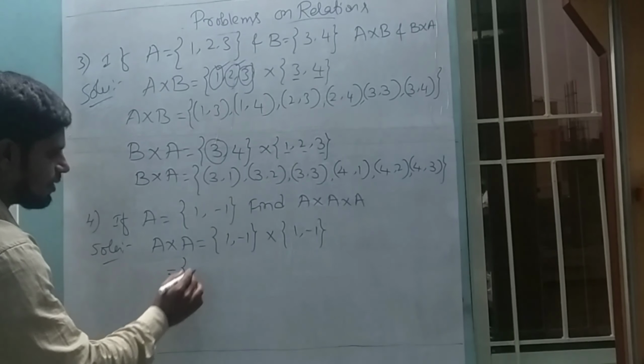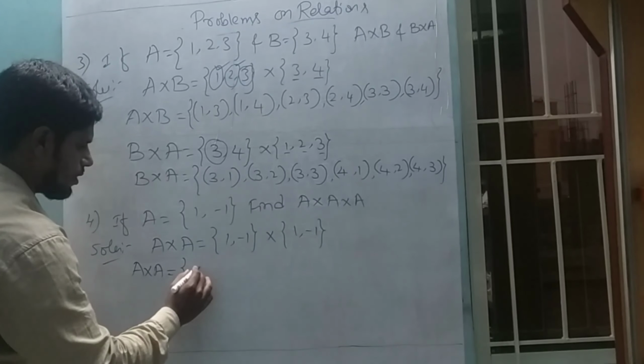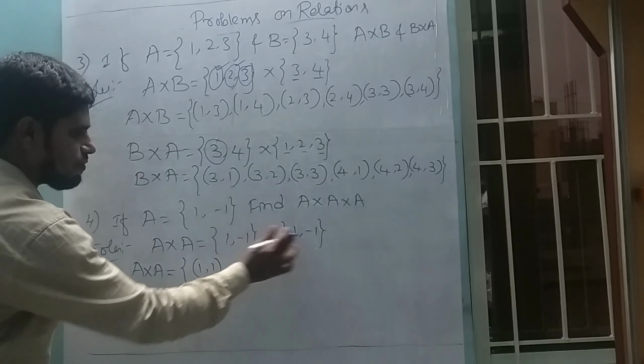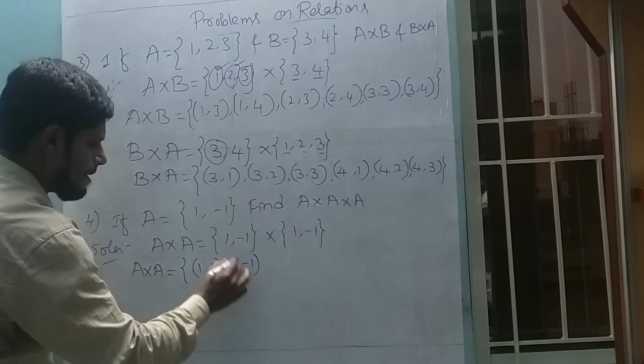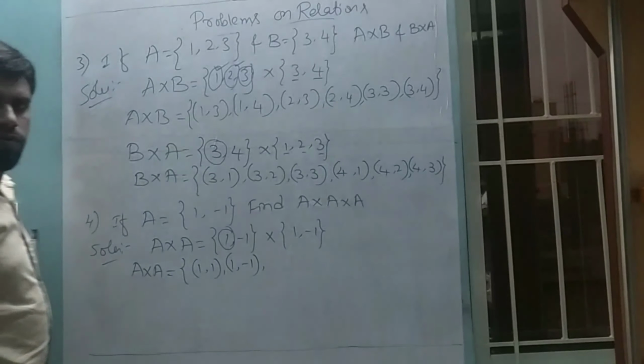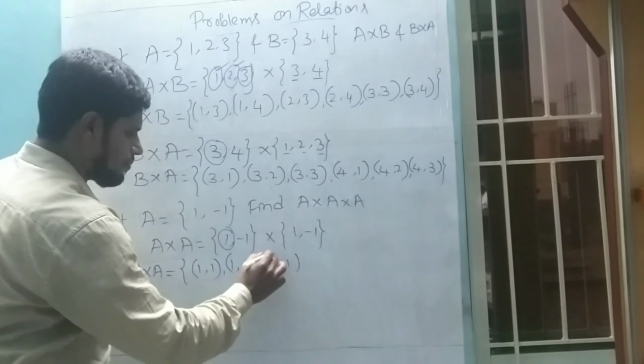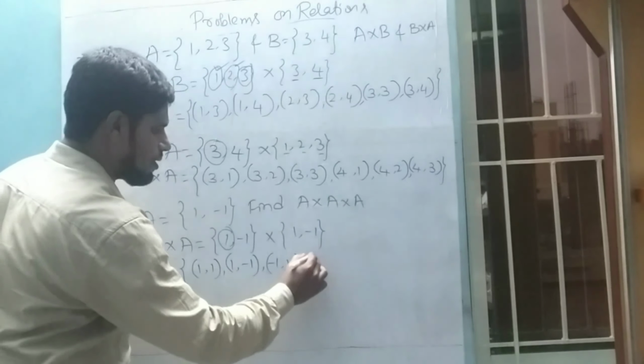What are the 4 elements? That is A cross A. 1 to 1, that is 1 comma 1. Next 1 comma minus 1. Now this one is over. Let us take with minus 1. Minus 1 to 1. Then minus 1 to minus 1.